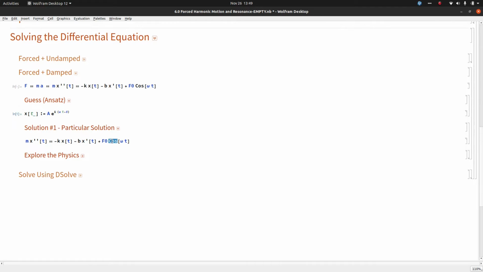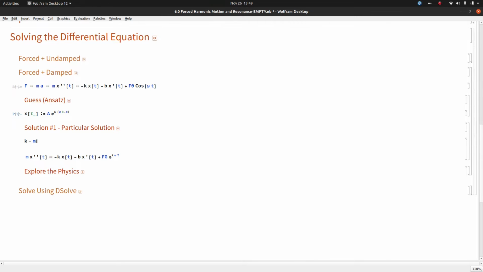And like I did in the damping video, I'm actually going to rewrite this. Since we're using complex exponentials, rather than a cosine here, we're going to just write it as the real part of a complex exponential, e to the i omega t. A couple other things which will make our lives easier momentarily: I'm going to define two constants.